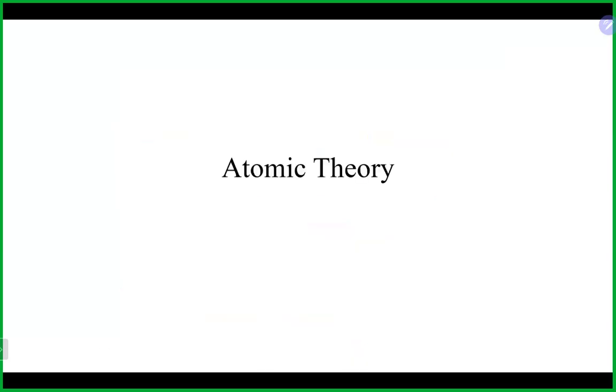All right, so we're going to then talk about atomic theory, and we're really going to talk about the atom. We're going to talk about 3 parts to the atom, which are protons, electrons, and neutrons.